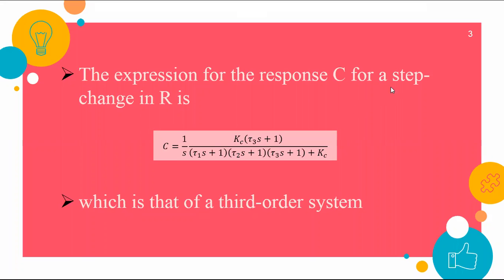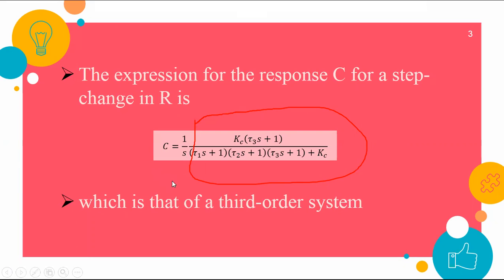So you know that already, and this is the overall transfer function of your system. And we simply cross multiplied the representation of the Laplace transform of the step change in R, which is 1 over S.